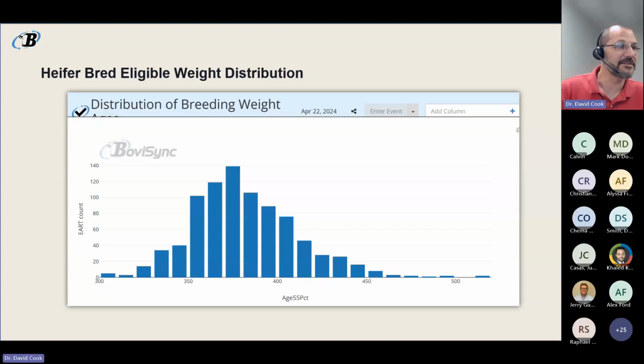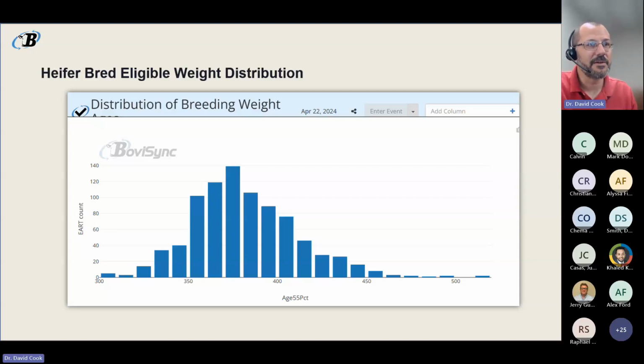The other place that my mind goes when I see this distribution, if I know this farm is breeding over here, is that, first of all, most of these animals are coming in really early. So we're spending a lot of money to make these animals get up to a weight that we don't really have to achieve. If 410 or 420 or 400 is the right number of days for what you do, you may find that by moving those animals when they've achieved their weight, and holding back the ones that are underweight a little bit farther, you may be able to change some of the nutrition.